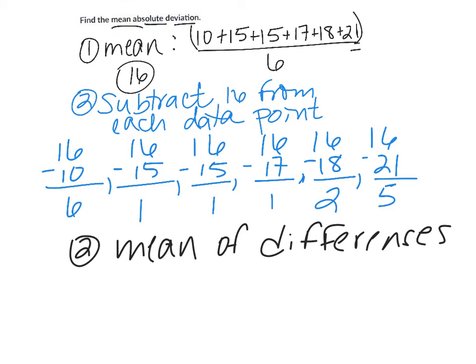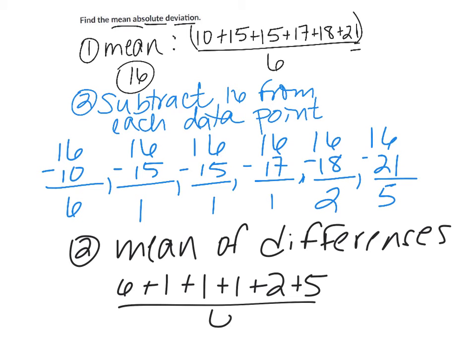So that's 6 plus 1 plus 1 plus 1 plus 2 plus 5. And again, there should be 6. Okay, and let's see, 6, 7, 8, 9, 10, 11, 16. Divided by 6, which is 2.6 repeating.